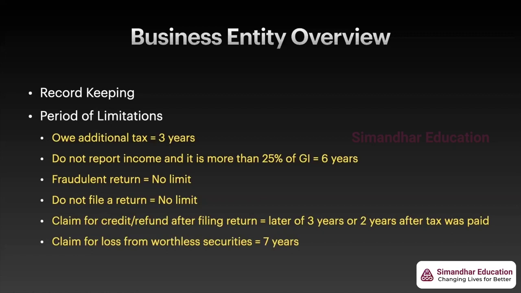From a period of limitation standpoint, now the IRS, the Internal Revenue Service, which is the highest tax authority in the United States, has provided specific time frames where it can go back and audit your tax returns, or for taxpayers to amend their tax returns.